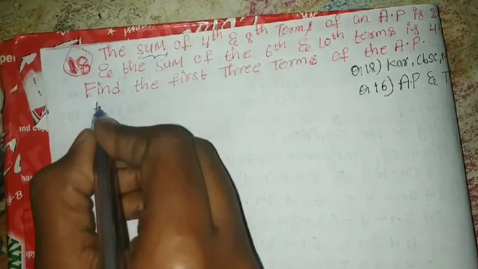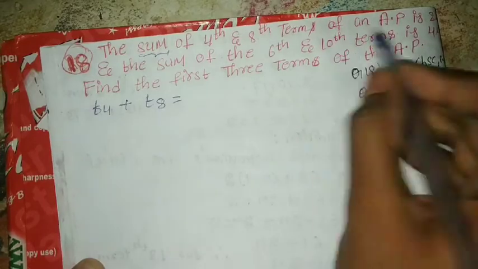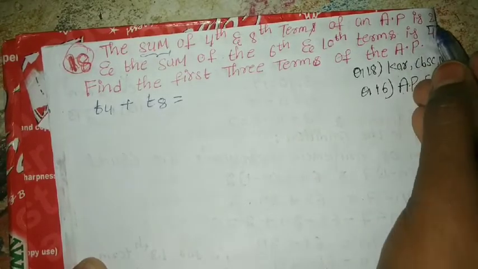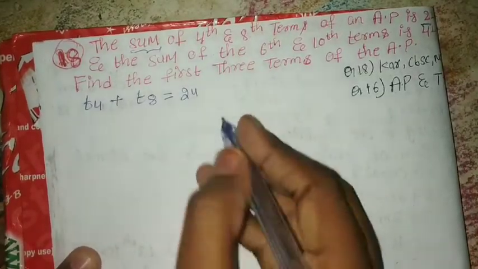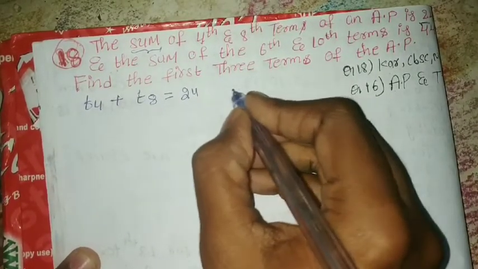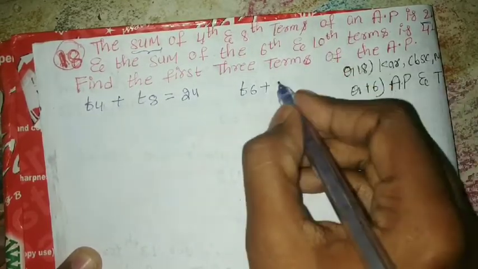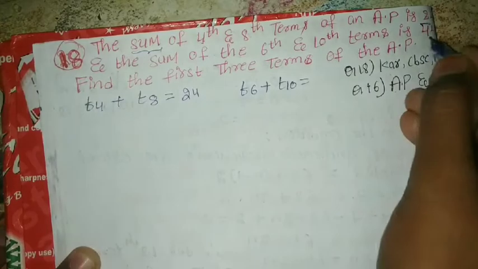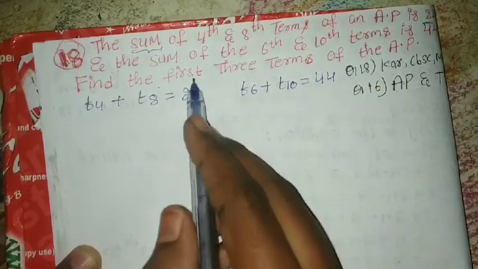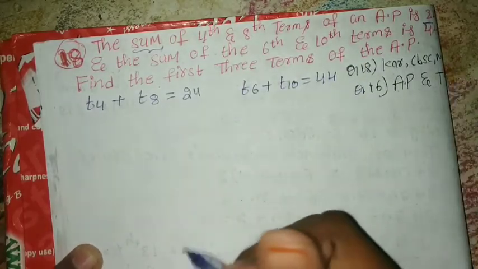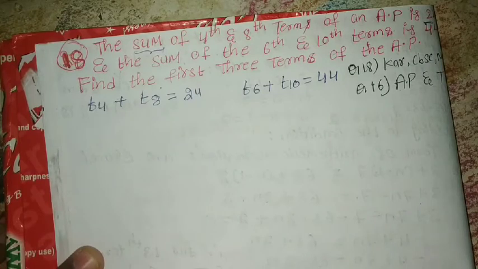That means T4 plus T8 is equal to 24. And the sum of the 6th term and 10th term is 44. What they are asking is to find the first 3 terms of the arithmetic progression.